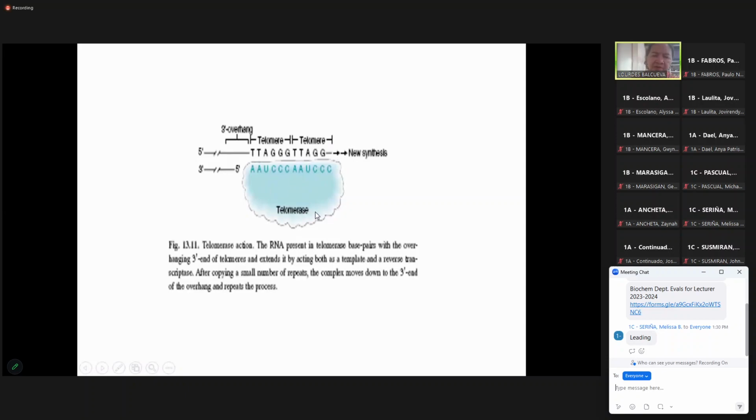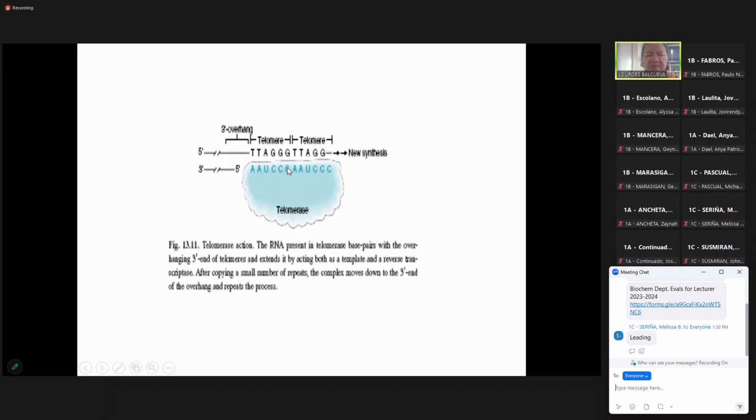Now, what is the use of this in our time? In stem cells, no? Stem cell. Telomerase is present. So this is why you have stem cell therapy. Rich people go to certain hospitals for stem cell therapy because of this, to make them younger or reverse a particular disorder, disease, no?